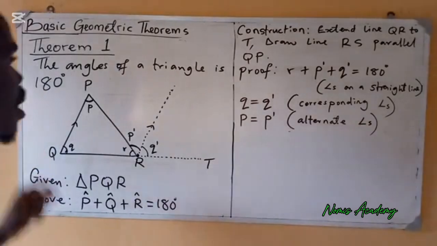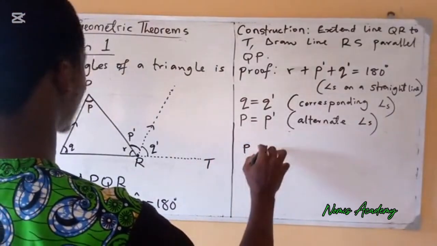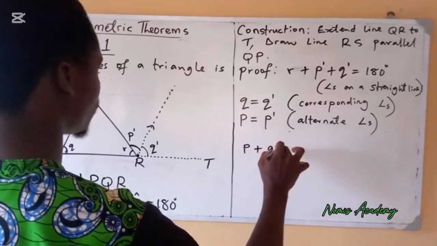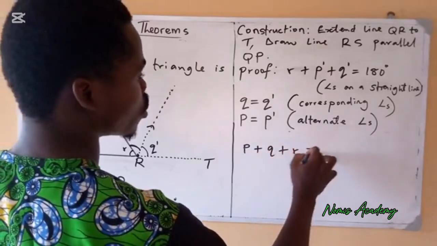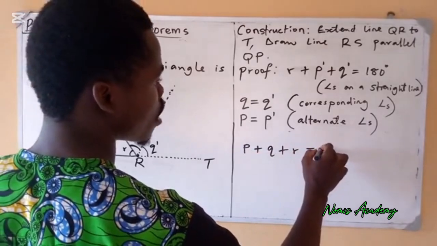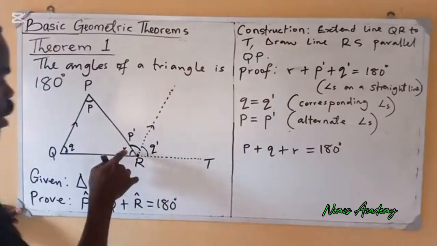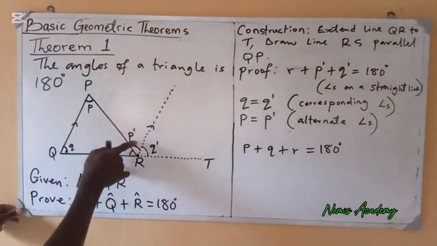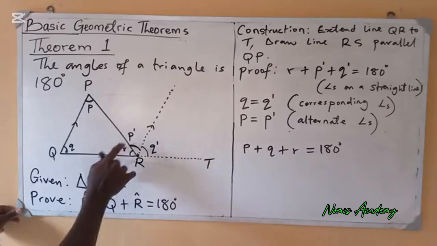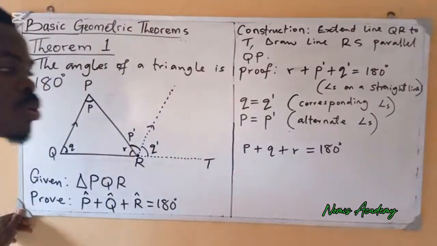So it then means that P plus Q plus R is also equal to 180 degrees. Since we have our R here, our R is there, P is equal to this, and Q is equal to this. And mind you, these three sum up to 180 degrees. So this statement is also correct.